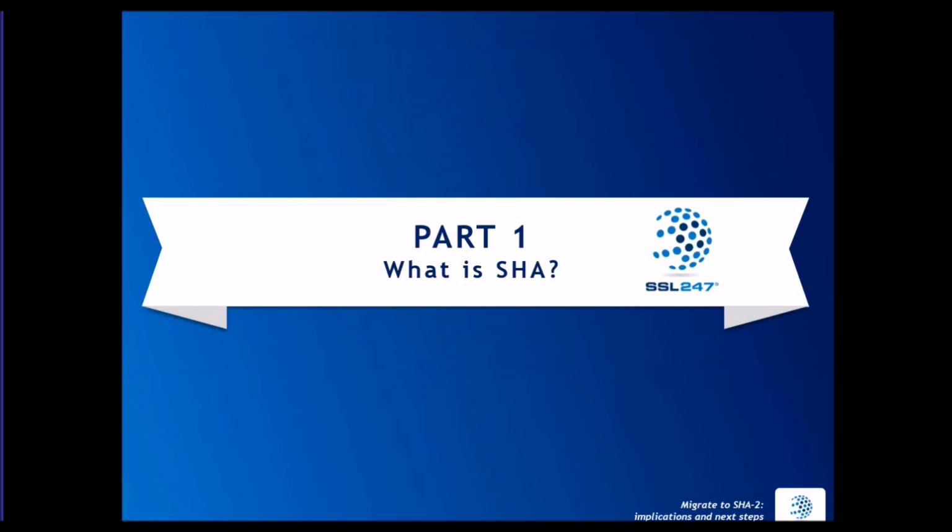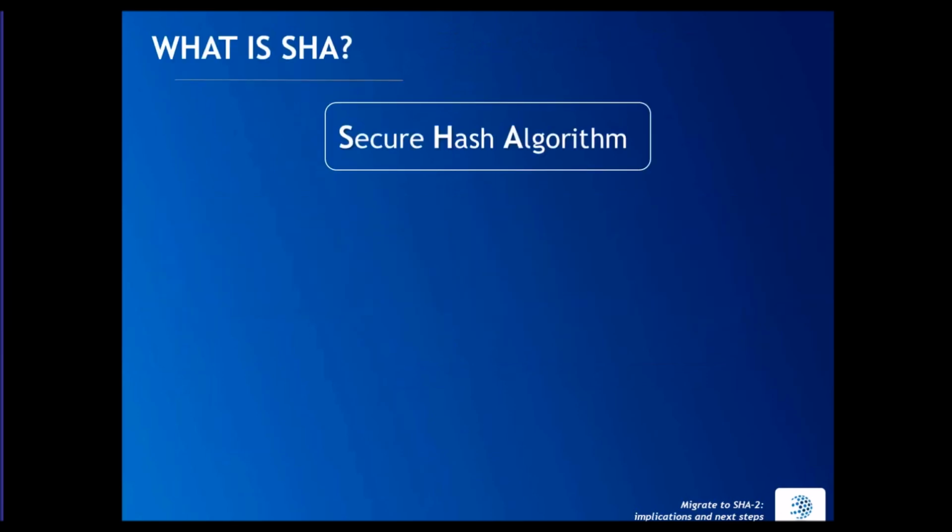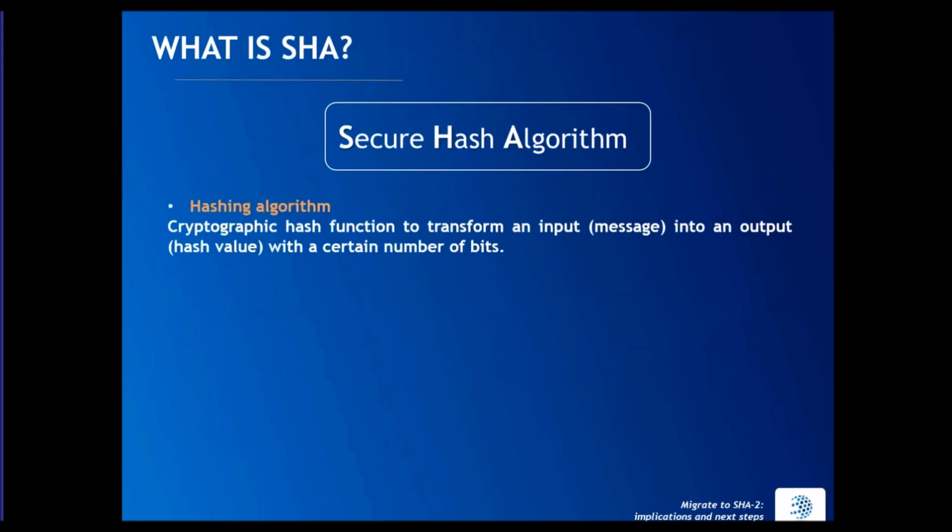So part 1 is what is SHA itself. SHA stands for Secure Hash Algorithm, and it's actually a function to transform an input into an output, which we call a hash value with a certain number of bits. There has been several generations. Previously we had an example of a former hash algorithm called MD5, which is now completely obsolete.